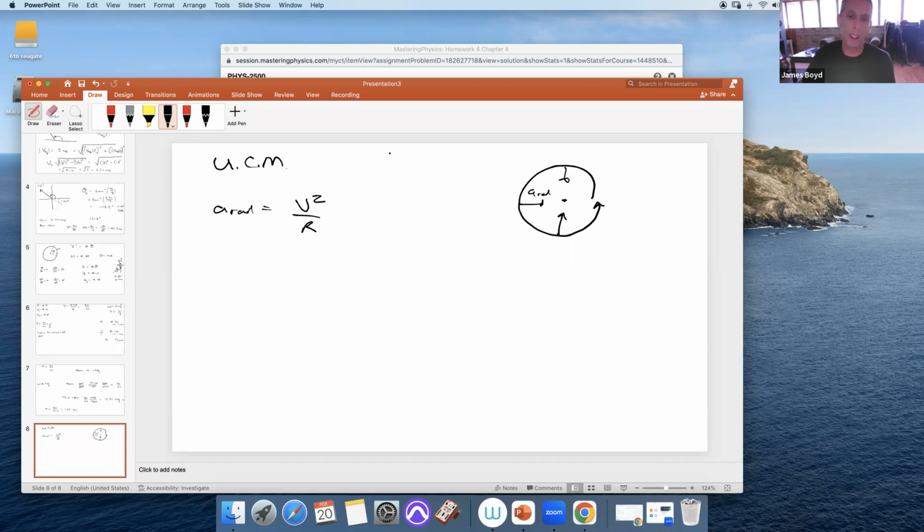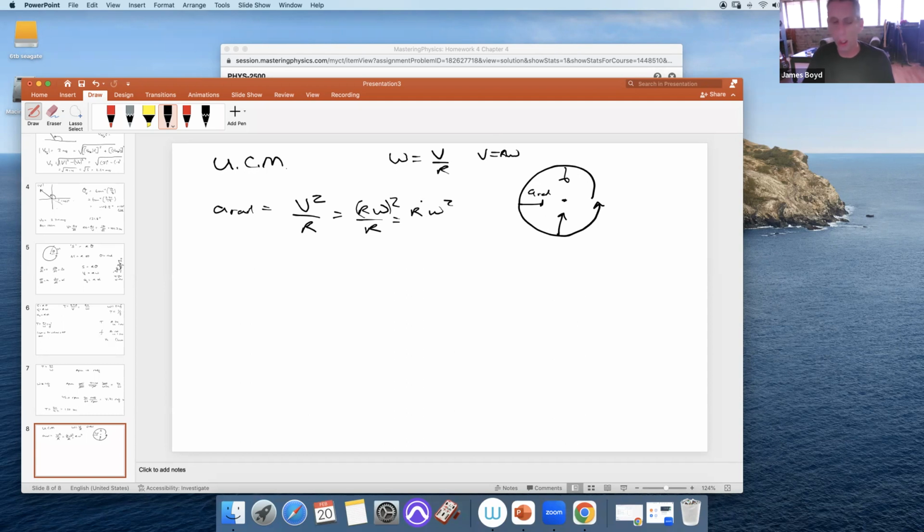If we want to convert this using omega is v over r, or v is omega r, we can turn this into r omega squared over r, or r omega squared, should we need it.